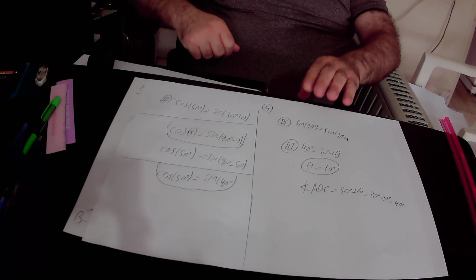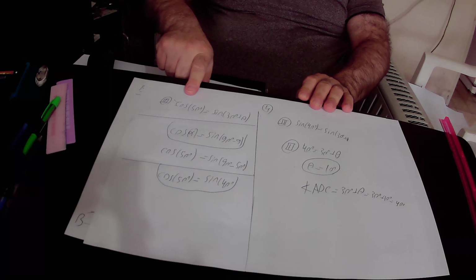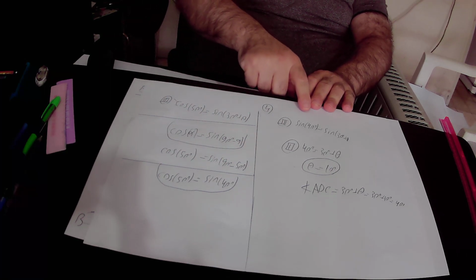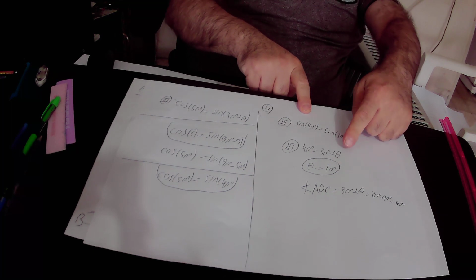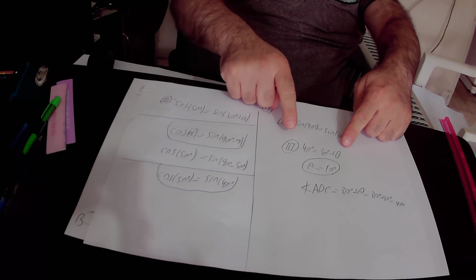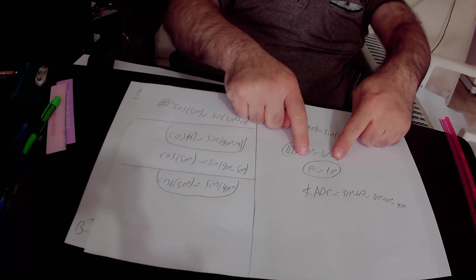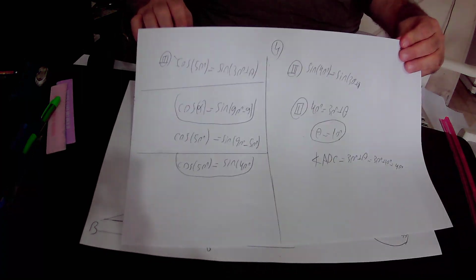Therefore, we can substitute cosine 50 degrees in this equation by sine 40 degrees. We did it, and we got that sine 40 degrees equals sine 30 degrees plus theta. It means that 40 degrees equals 30 degrees plus theta. We subtracted 30 degrees and found out that angle theta equals 10 degrees.